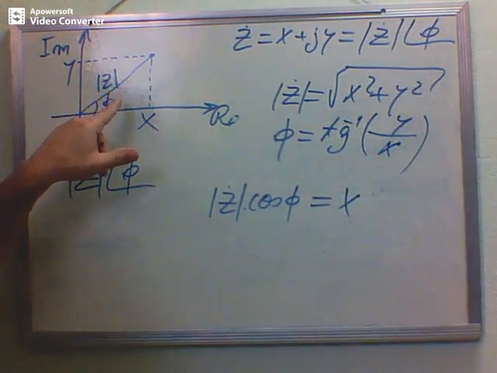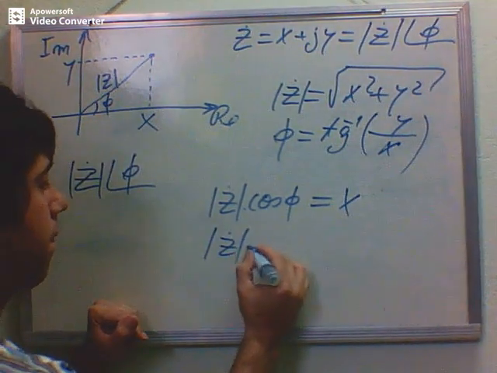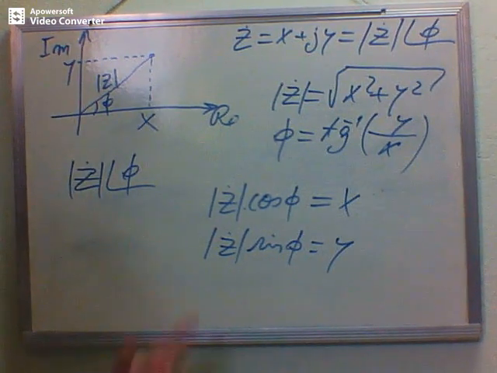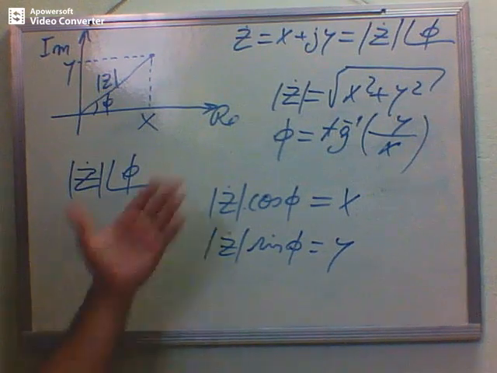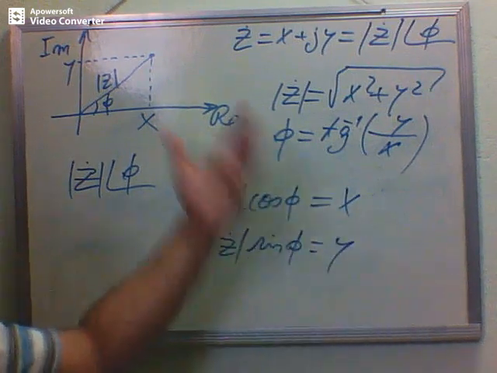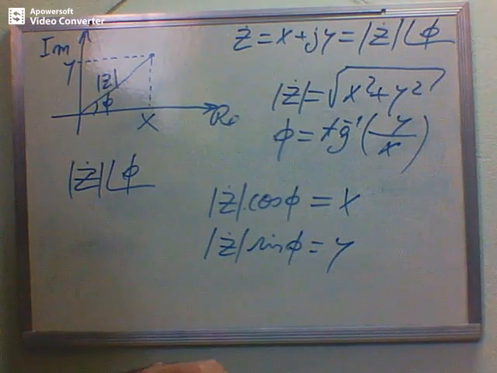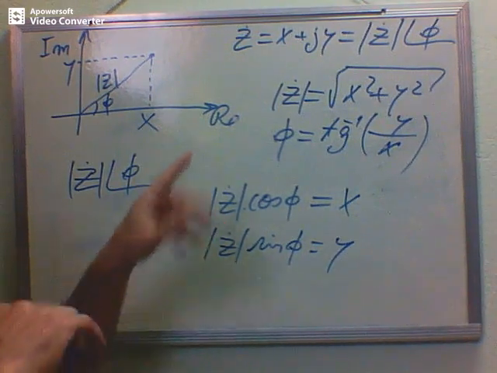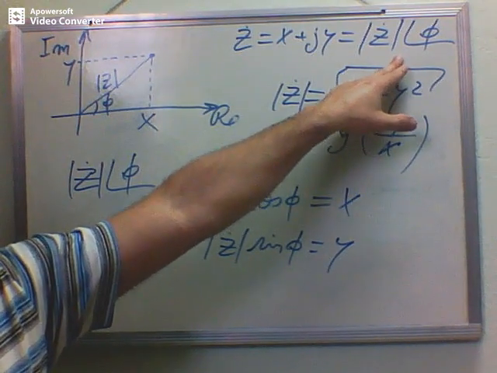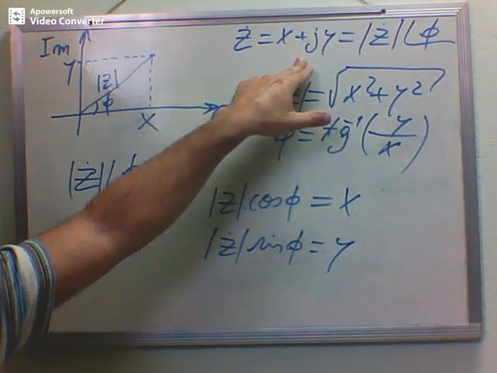If you multiply the hypotenuse by the sine, you have y. So this is how you convert from one coordinate into the other, because for this coordinate here it's easier to do multiplication and division, and this coordinate here it's easier to do addition and subtraction.